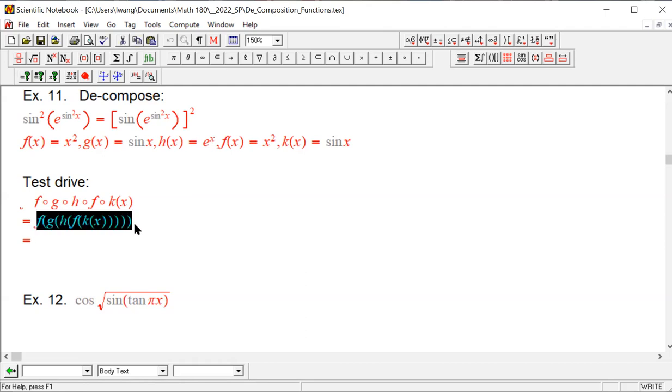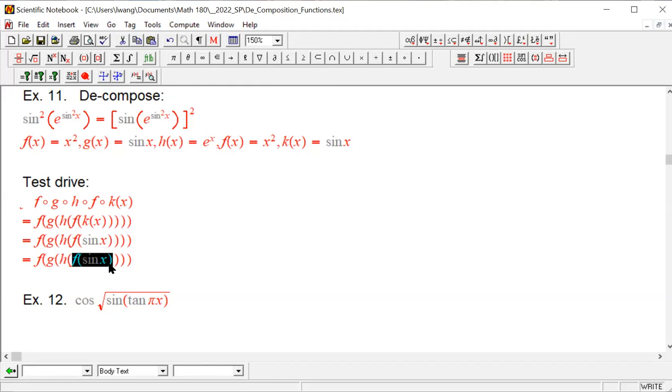The innermost k of x is sine x. So this k of x will be replaced by sine x. Next, we're going to apply the rule of f. What is the rule of f? f is just take whatever input and square it.